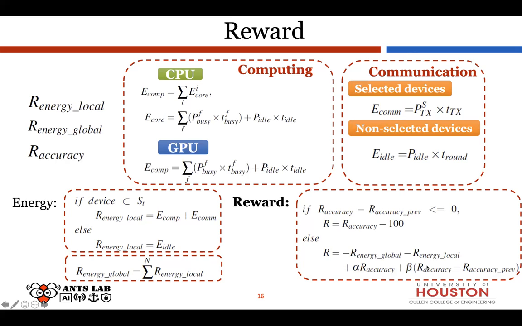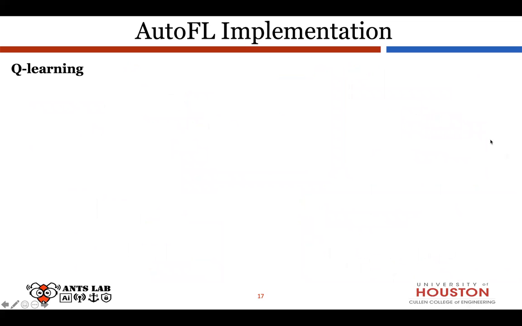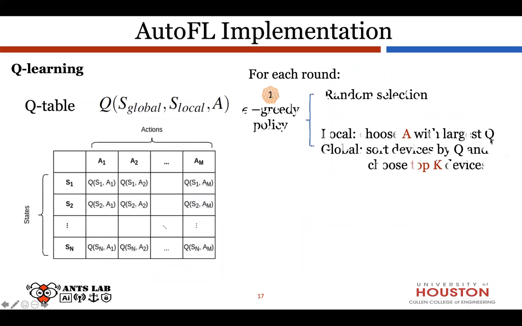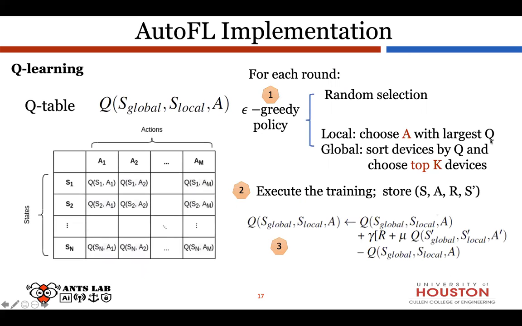If you're selected, you follow this reward function, right? Yes. Yeah, you get the reward. All right. Okay, I just want to double check this. Okay. So let's move to their performance evaluation part.